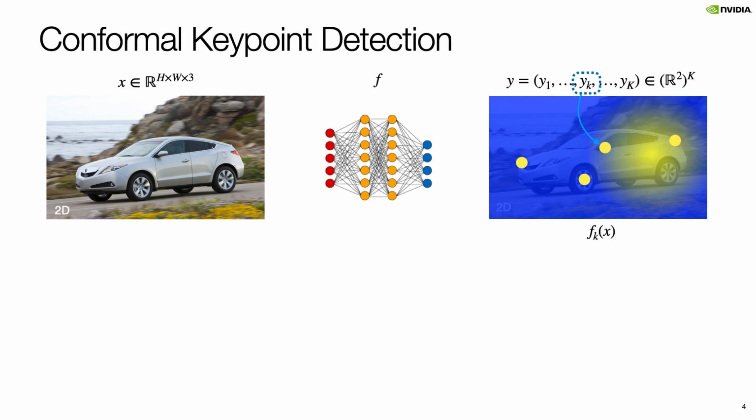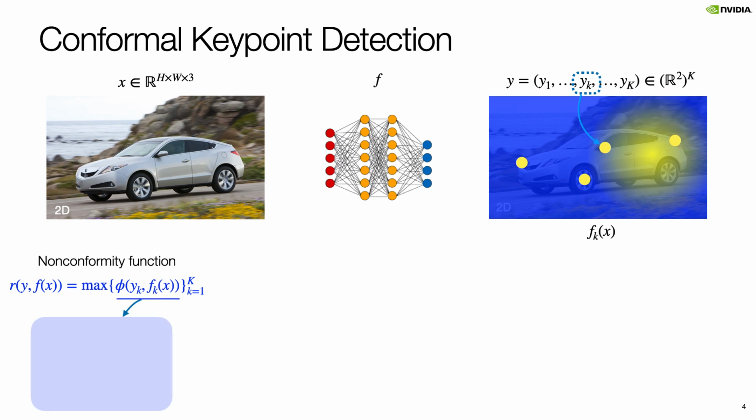The first thing we do in conformal keypoint detection is to design what we call a nonconformity function. If the neural network performs very badly on this keypoint prediction task, then the nonconformity function will evaluate to a very large value. Specifically, we design the nonconformity function as follows. We first design a function phi that takes in the ground truth location of the k-th keypoint y_k and the k-th heat map, which is f_k(x).